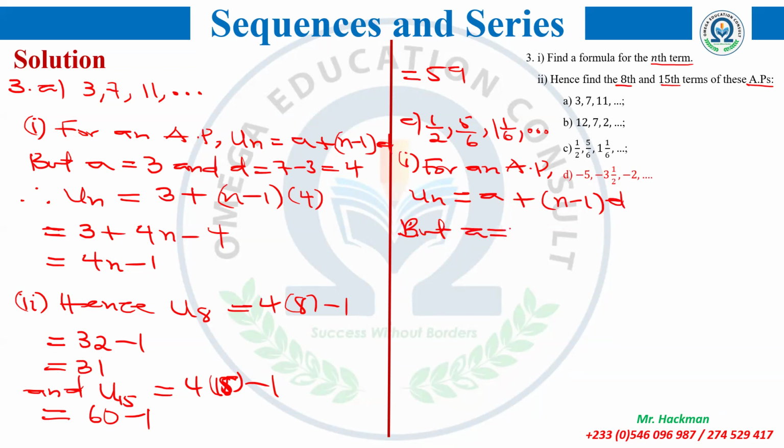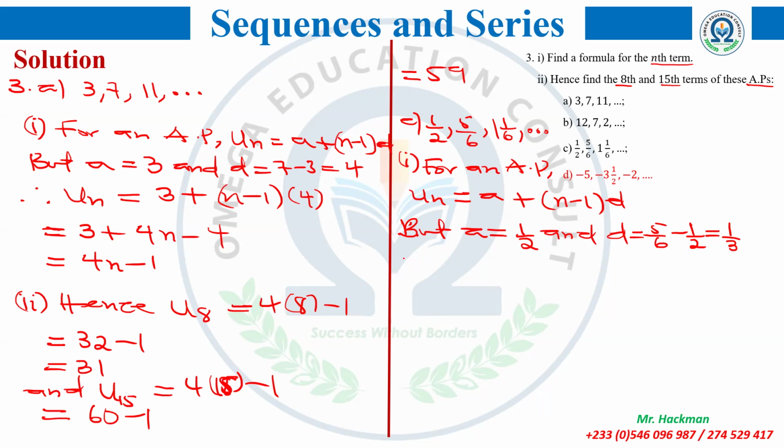A is equal to, what is A? 1/2, is that not it? And your d, you are going to find, will be equal to your second term, which is 5/6, minus your first term, which is 1/2. So you use your calculator, you write the value there. I'm waiting. 1/3, she said. Okay, point well made.